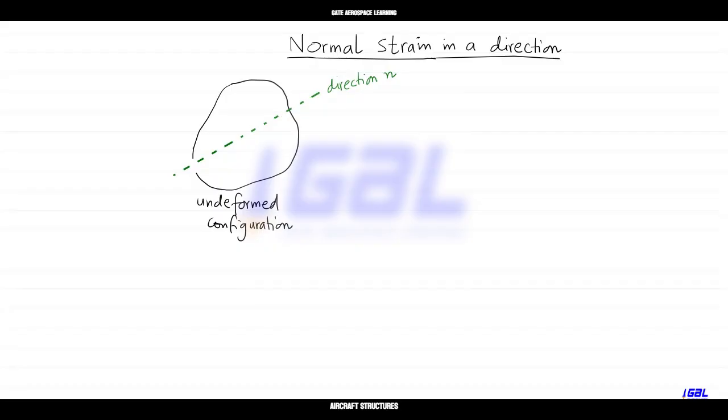And let us consider a fiber, a very small fiber, which is oriented along this direction. Let us call this endpoint as A and this endpoint as B. Now this body undergoes small deformation, and the body attains this configuration.